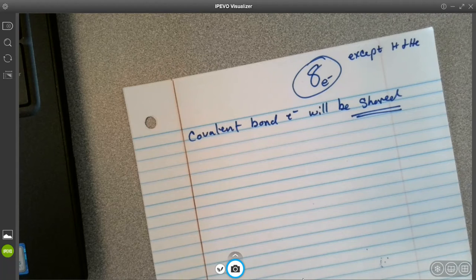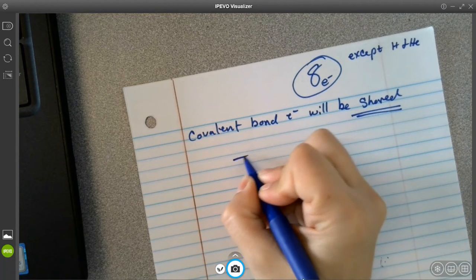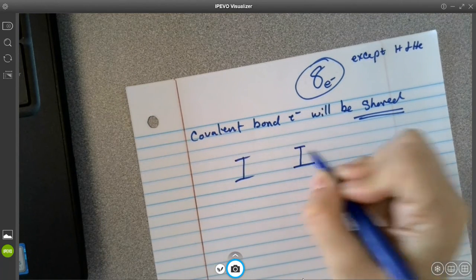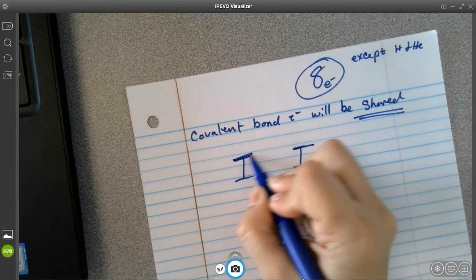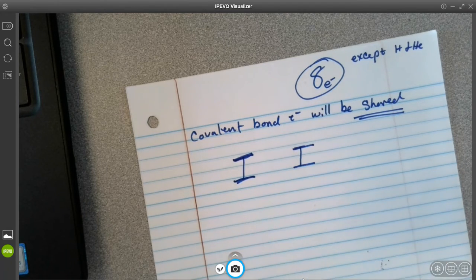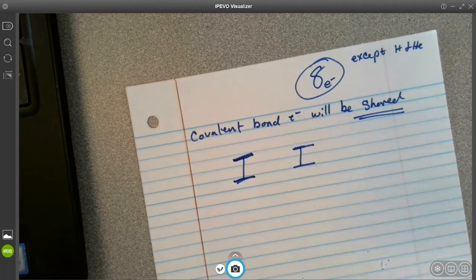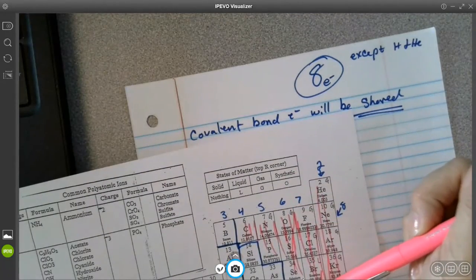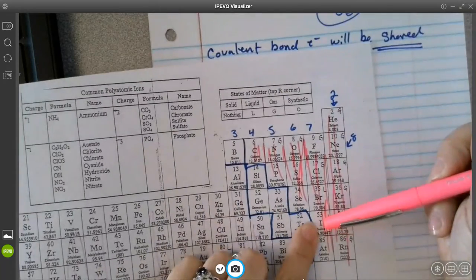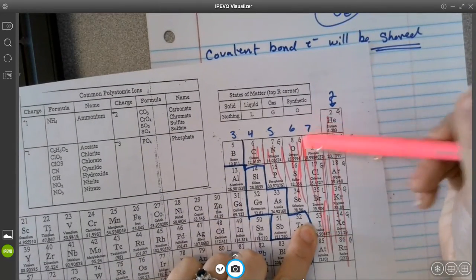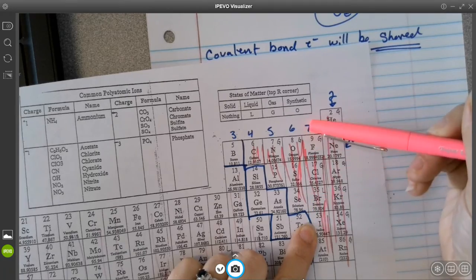So if I have a covalent bond of 2 iodines, the first thing I'm going to do to actually write this out and describe it is I'm going to look at my periodic table, and I see iodine is right down here, and it has 7 valence electrons.